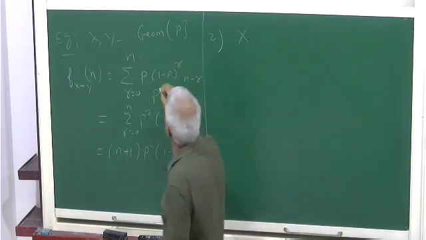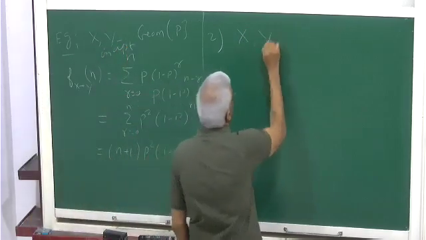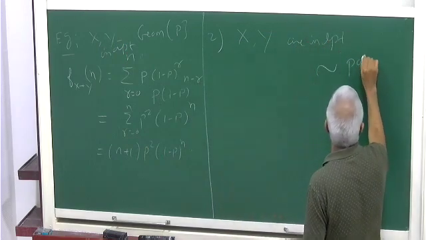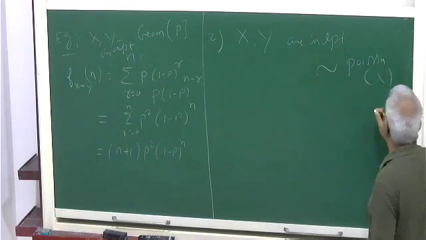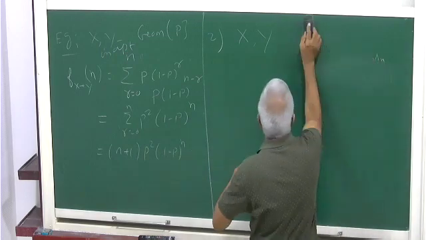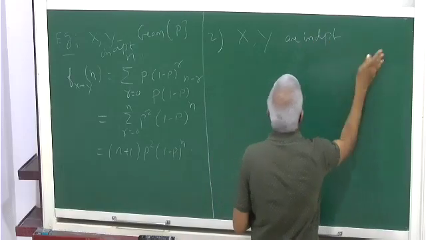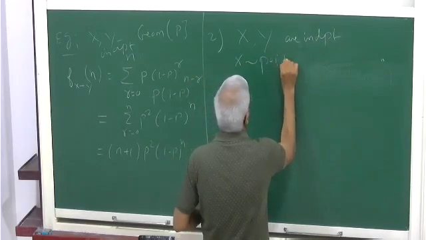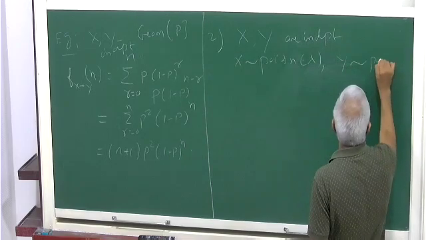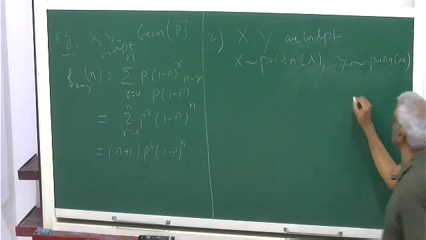Suppose x and y are independent, and x follows a Poisson distribution with parameter lambda, and y follows Poisson with parameter mu, some other number. Lambda and mu are greater than 0.